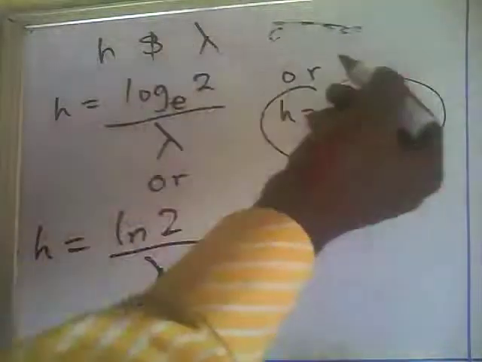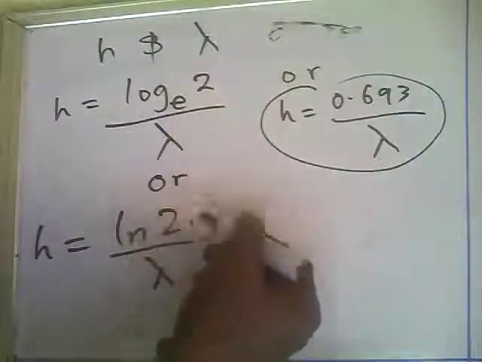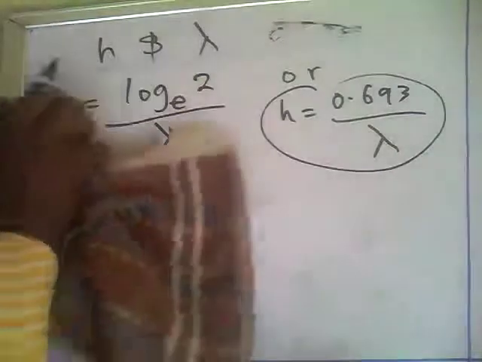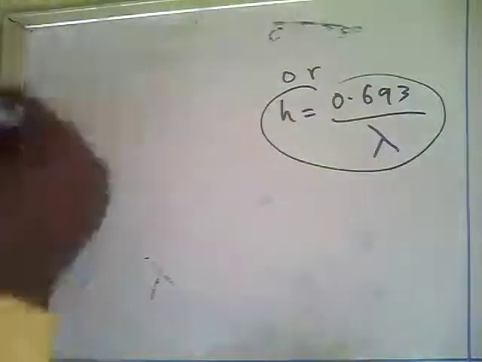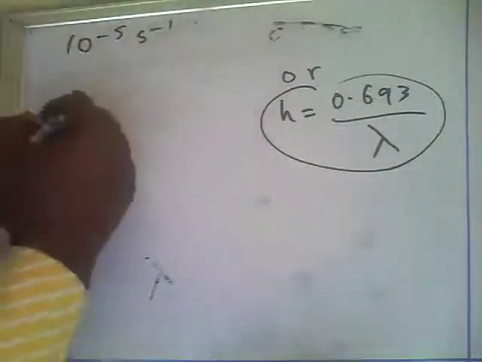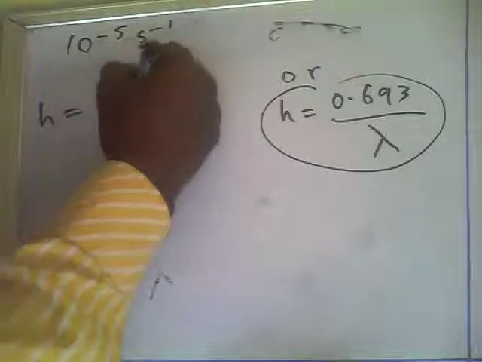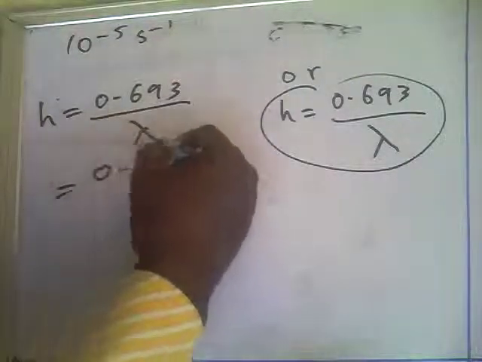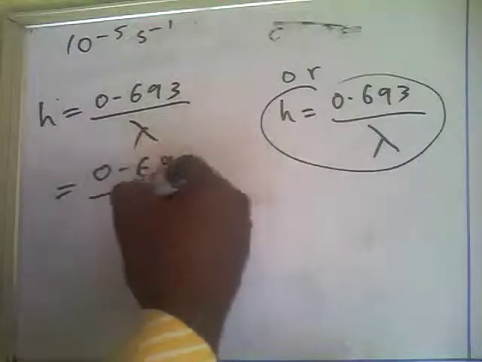Natural log of 2 is 0.693, so we're going to use that to find the half-life. The decay constant is given as 10 to the power minus 5 per second. So half-life is 0.693 over 10 to the power minus 5 per second.